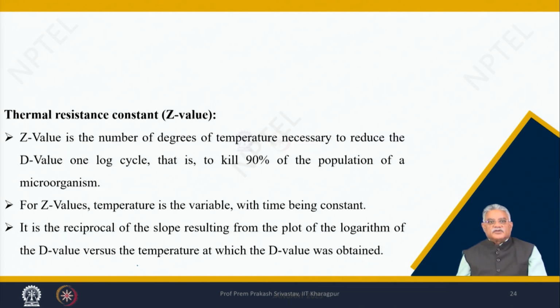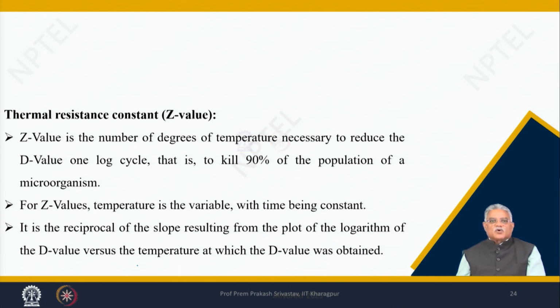Now, thermal resistance constant, that is Z value. The Z value is the number of degrees of temperature necessary to reduce the D value by 1 log cycle, that is to kill 90% of the population of a microorganism. For Z values, temperature is the variable with time being constant.